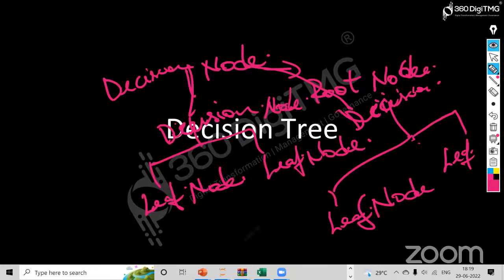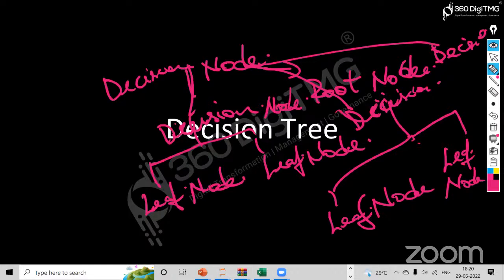So here you have leaf nodes as well. This is one more decision node. That way it keeps increasing, right? You're getting my point, right?